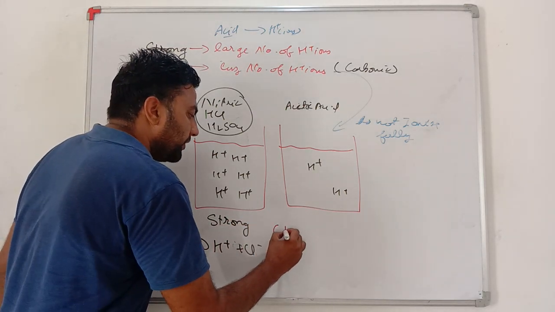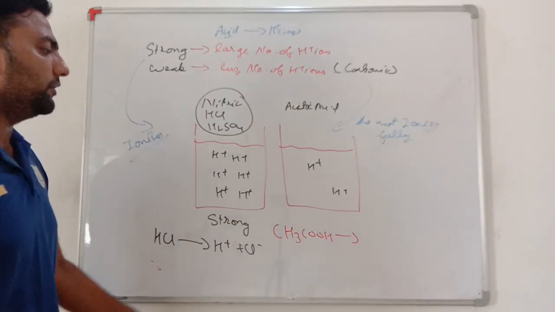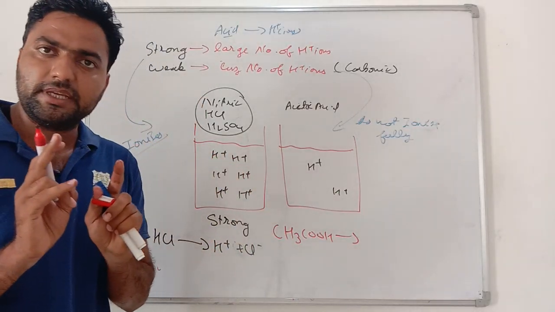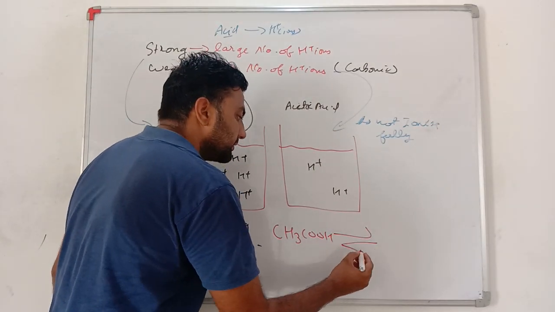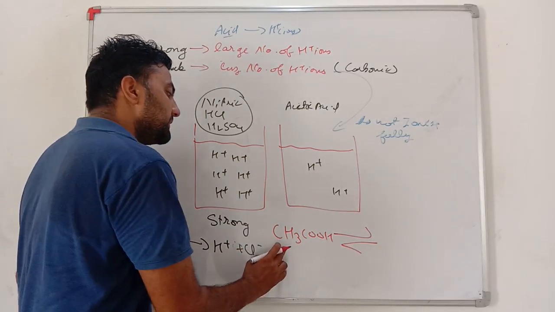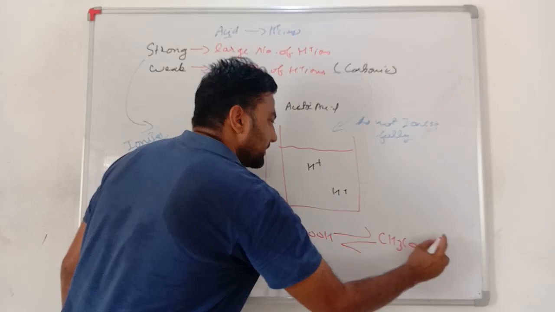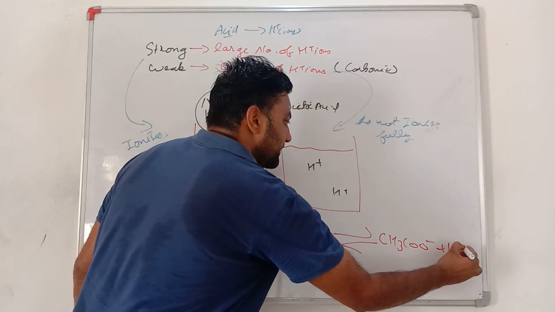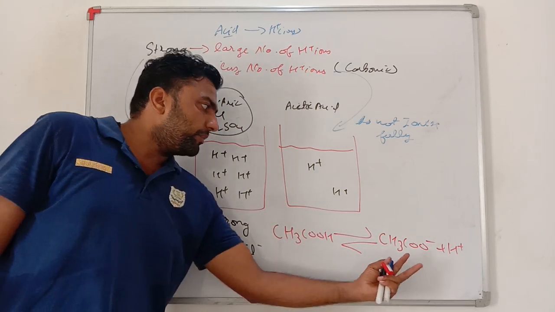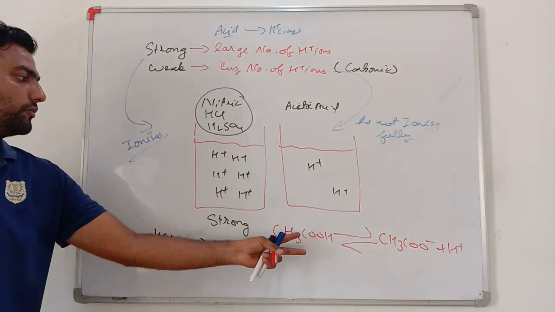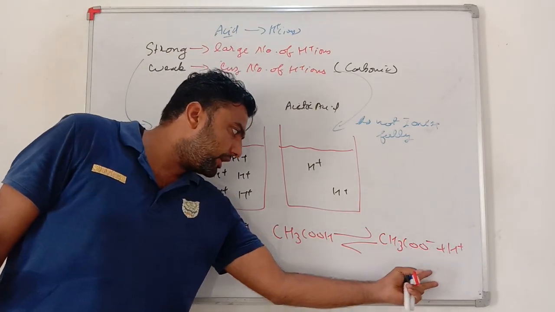But if we are adding any weak acid into water, they give H plus ions, but they do not ionize fully. You can see the difference in the arrow. CH3COOH gives CH3COO minus plus H plus. H plus we get, but what happens is that this again converts back into this. 50% or more than that again converts back.